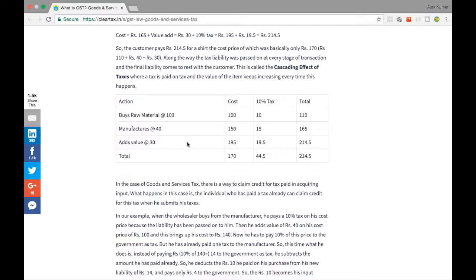Same way for every stage you have to pay that much tax. Same way 195 is 19.5. So everywhere you have to pay the same 10% tax, even though you did a small value addition of only a few rupees. So that is the current tax regime.